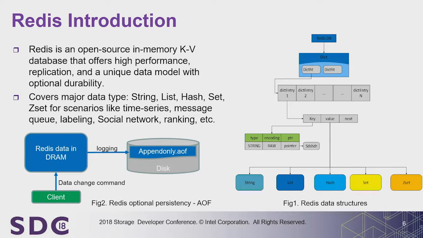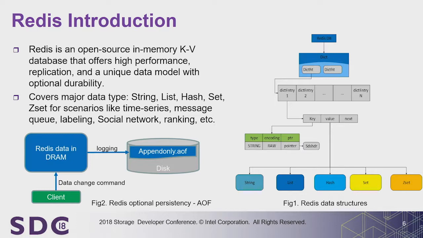It has been widely deployed by cloud service providers as a cache for many different kinds of services. It offers high performance compared to RDBMS or traditional NoSQL databases which leverage the SSD. It has a unique data model with optional durability as well, so the user can choose what kind of durability they want to have for Redis.